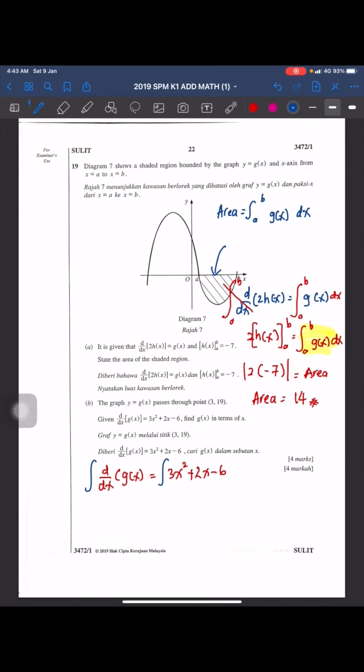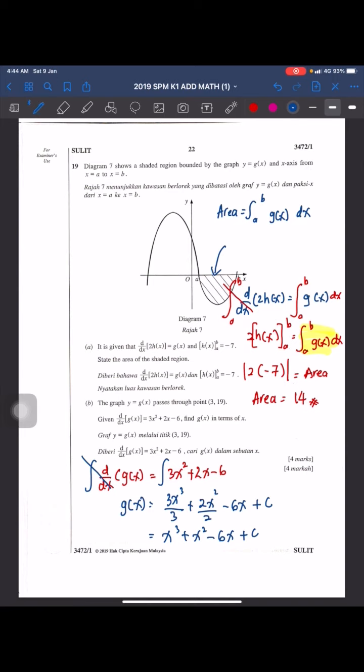So in order to reverse the differentiation here, we integrate both sides, and what we are left with is 3x cubed over 3 plus 2x squared over 2 minus 6x plus c. So we get x cubed plus x squared minus 6x plus c.